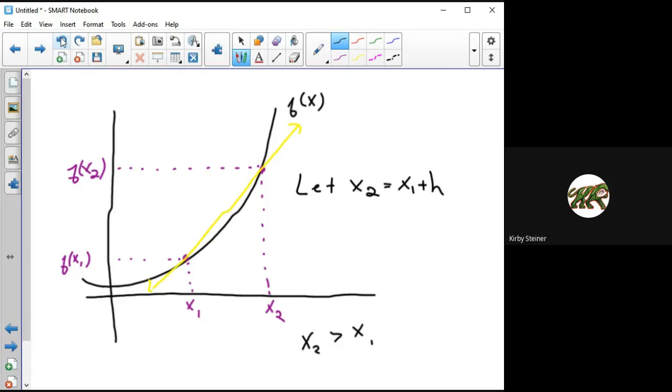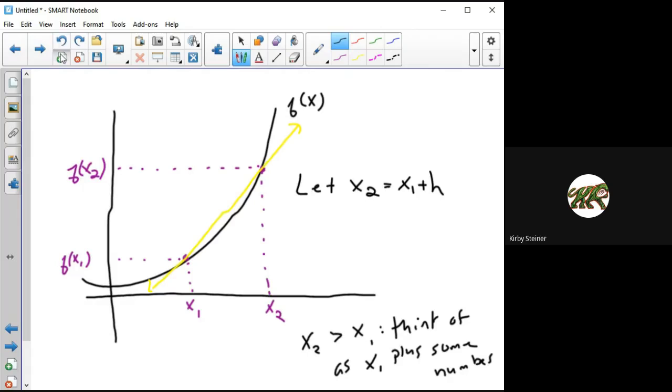Since x2 is greater than x1, I can think of it as x1 plus some number, and so I can rewrite x2 as x2 equals x1 plus h. So let's rewrite x2 as x1 plus h, and then rederive the slope of the secant line.